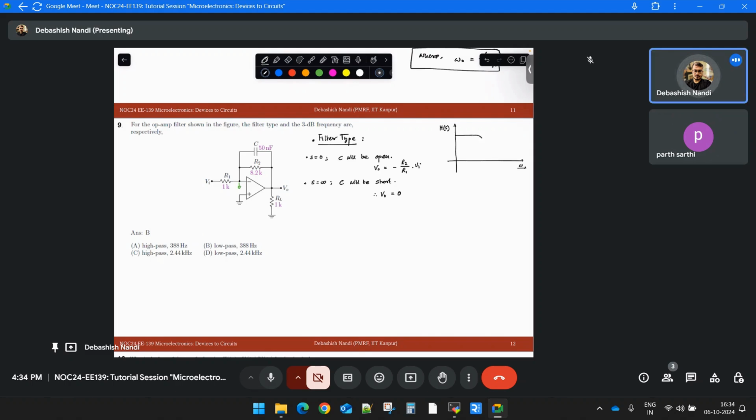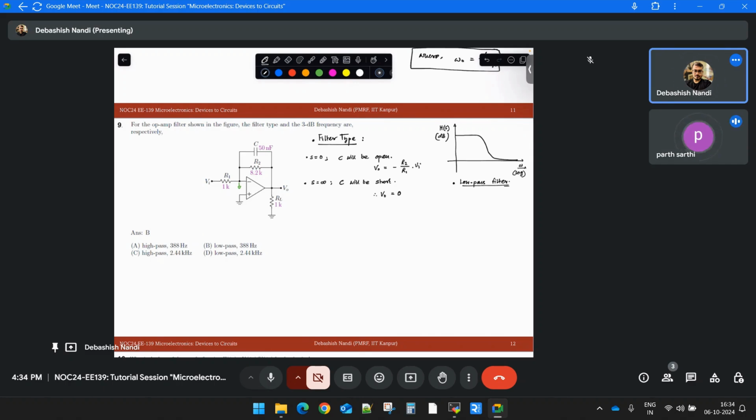So it will be something like this. So what is this filter? Band pass filter? Come on, how can this be band pass filter? Low pass filter, sir. This is low pass filter, right? Yes, sir. At zero, low pass filter. So you can immediately tell from the circuit that this is low pass filter.